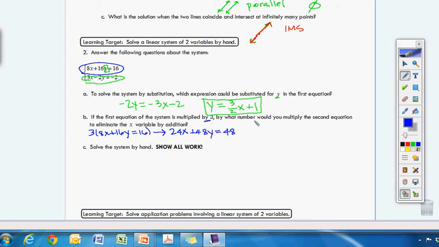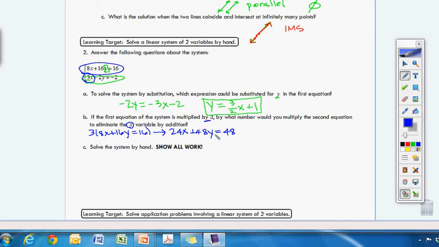Now the remaining part of the question is what number would we multiply the second equation by in order to eliminate the x variable? Since I multiplied this by 3, I now need my first term here to turn into 24. But I need it to eliminate, so since this is positive 24, I need this to turn into a negative 24.